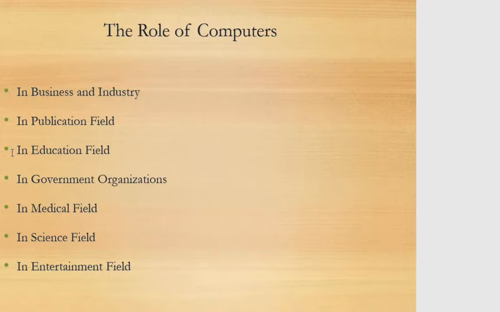So in business, if you want to run a business, then a computer works there. In an industry, people are using computers. In the publication field, in the education field, for example, I'm using a computer right now to take you through. Go to different schools, they're using computers to study. We're using different gadgets, different equipment to study, but those are computerized equipment.